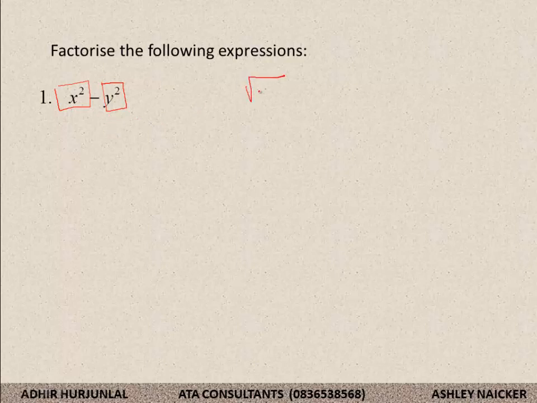I'm asking you, what is the square root of x squared? The square root of x squared, you know by now, is the same as x squared raised to the exponent a half. And this becomes x to the exponent 2 multiplied by half, which is 1. What is the square root of y squared? The square root of y squared will be worked out in a similar manner.